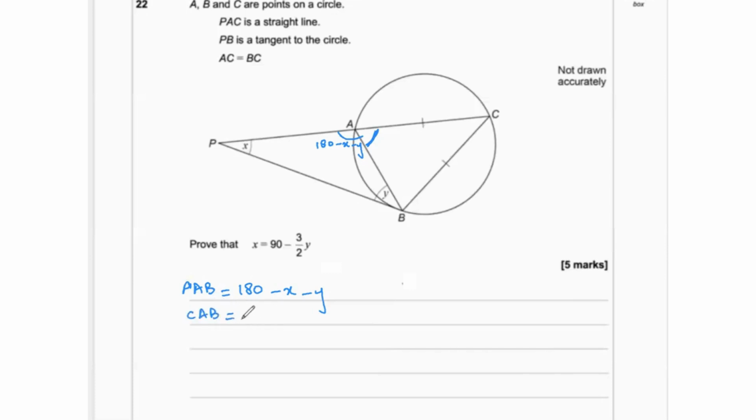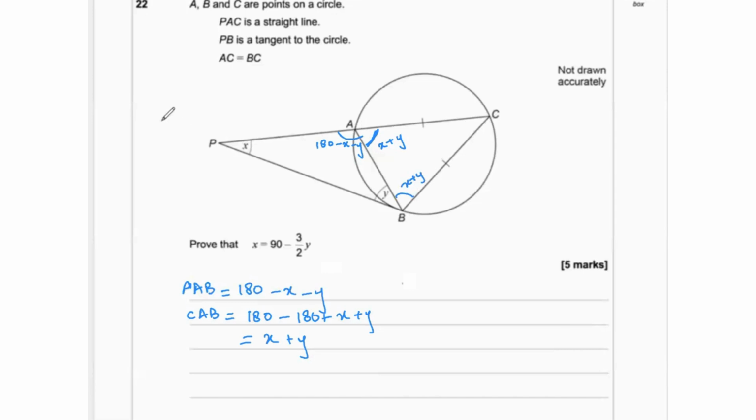That's going to be 180 minus 180 plus x plus y, which is x plus y. We're subtracting this angle from 180, so that gives us x plus y. Since AC and CB are equal, it's also going to be x plus y.